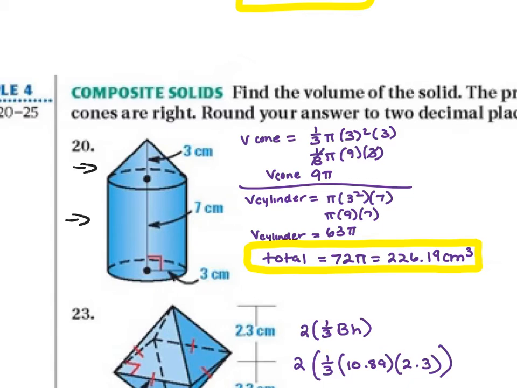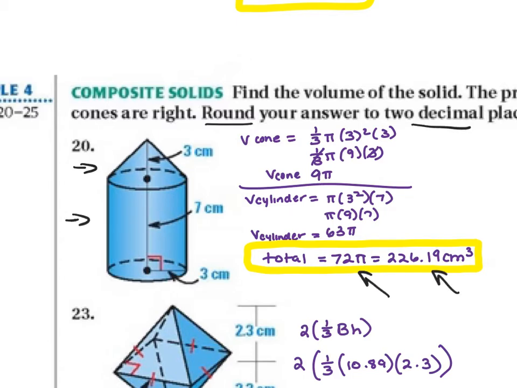So the volume of the cone is going to be 9 pi, but the volume of the cylinder is going to be 63 pi, and then add them together and you get 72 pi. Notice the instruction said to round to 2 decimal places. So if on the test it says to leave in terms of pi, that's your answer. If it says round, that would be your answer.